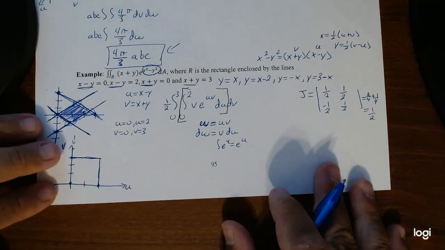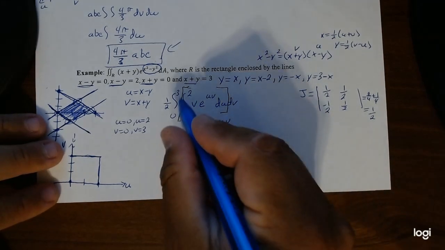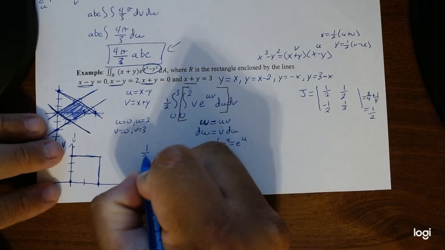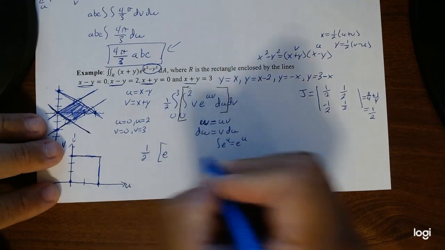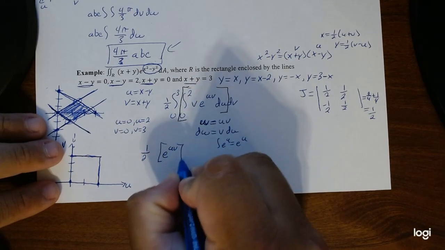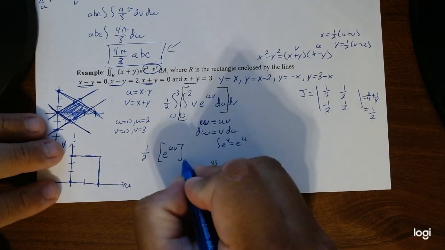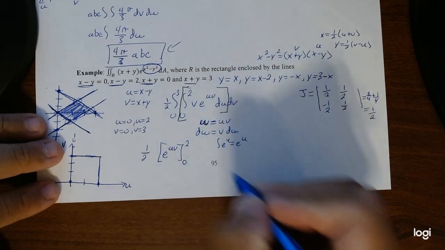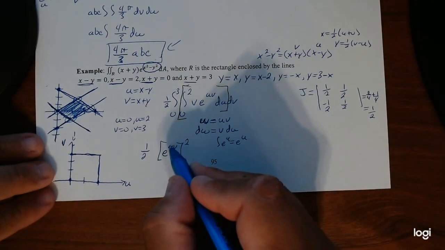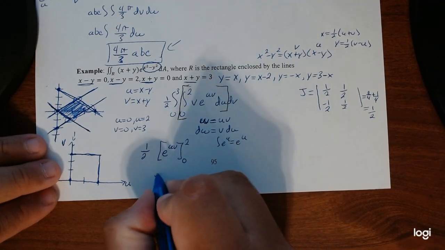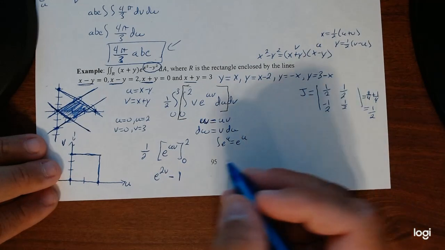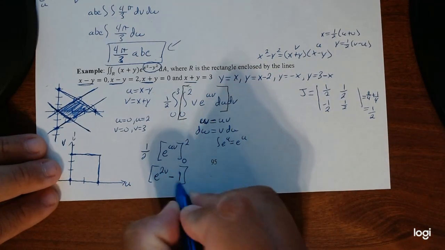That's nice about e to some powers. So this ends up being, let me put the 1/2 on the outside, e to the uv evaluated at 0 and 2. So plugging in 2 for u, this ends up being e to the 2v minus 1, because e to the 0 is just 1, times 1/2.